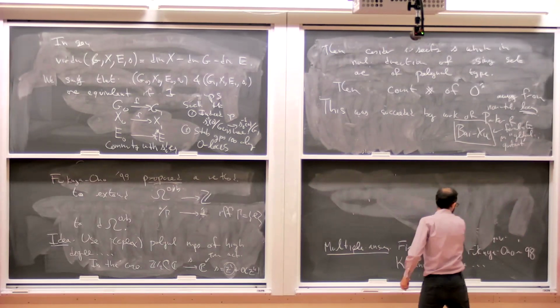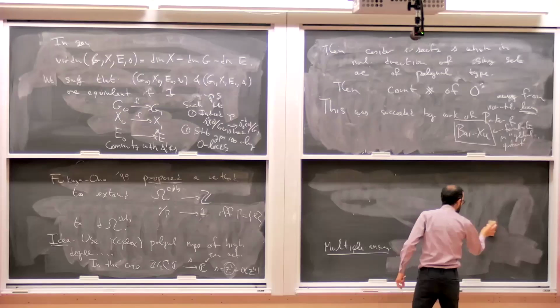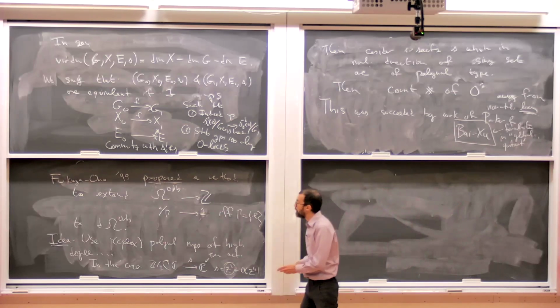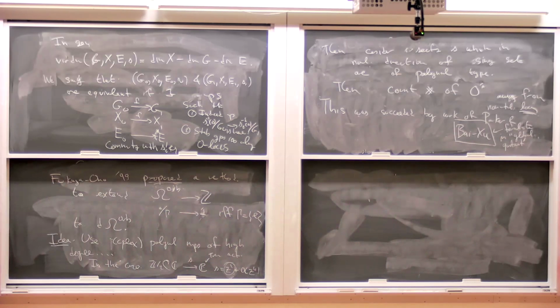You can ask about other cohomology theories. That's the next thing. This morning, I said something about a map to K-theory. In fact, I said it about orbifolds, but it's about derived orbifolds.